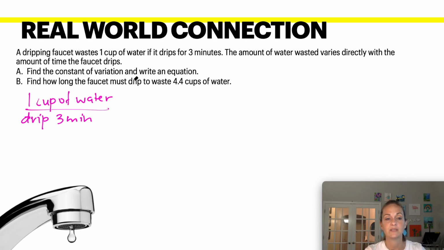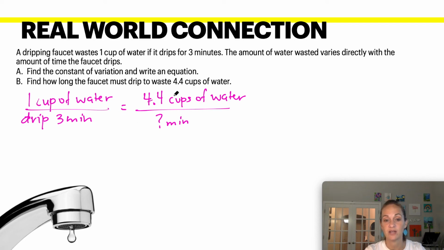How long must a faucet drip to waste 4.4 cups of water? Well, this is our proportion. If we know that it's going to waste 4.4 cups of water, I'm going to put it in the numerator because my proportion had the cups in the numerator. We do not know how many minutes that will take.